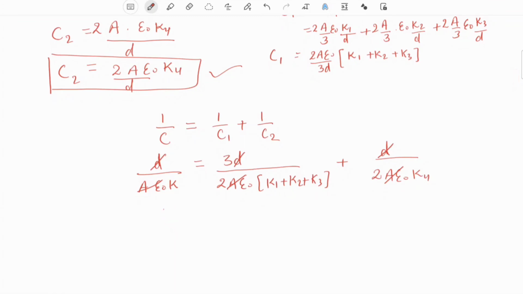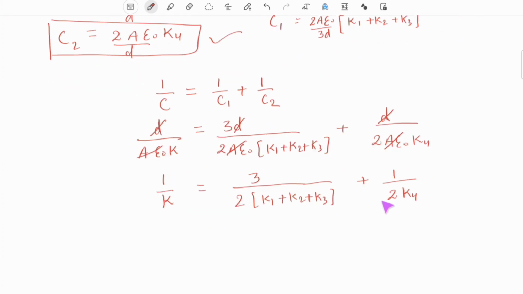So we can write that 1 upon K will be equal to 3 upon 2 times K1 plus K2 plus K3, plus 1 upon 2 times K4. And further from here we take the LCM of 2, so 2 will come to the opposite side. So this will become 2 upon K equal to 3 upon K1 plus K2 plus K3, plus 1 upon K4.